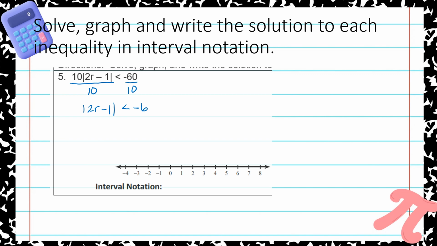These absolute value symbols are going to force that whole side to become positive. And we're saying that a positive number is less than -6. Well, folks, a positive number is never, ever going to be less than -6. So there is actually no solution to this.